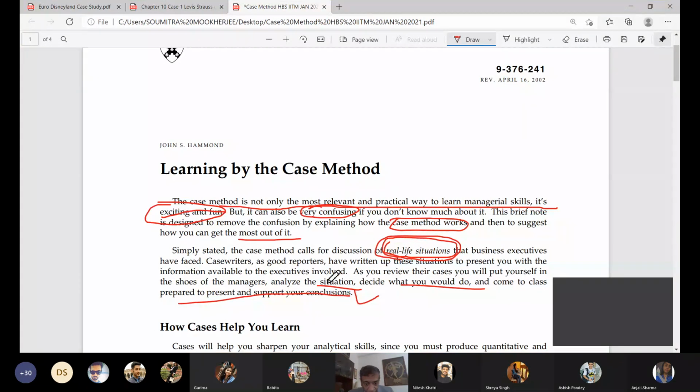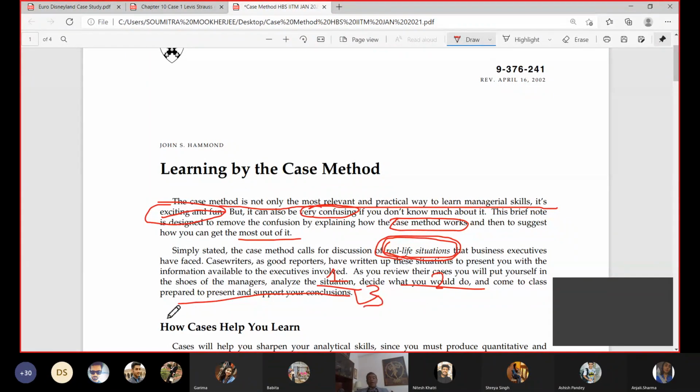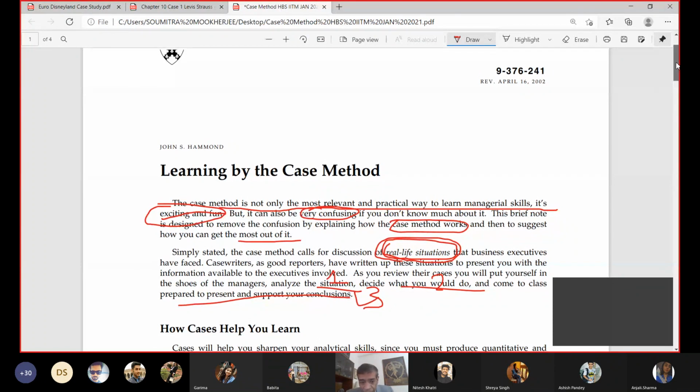So, analyze the situation, come out with solutions and present the solutions. So, case calls for real life situations. Case writers collect data on real life situations, what the company went through. And as you review the case, chronological events, and look at it in different parts, each one of you looks at the situations, decides what you would be doing, and supports it with conclusions.